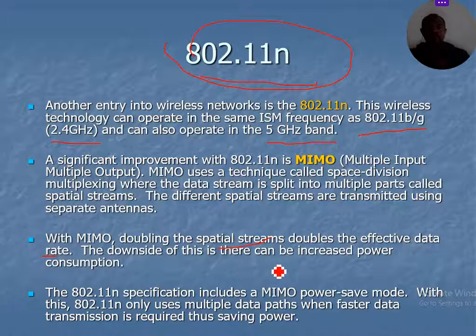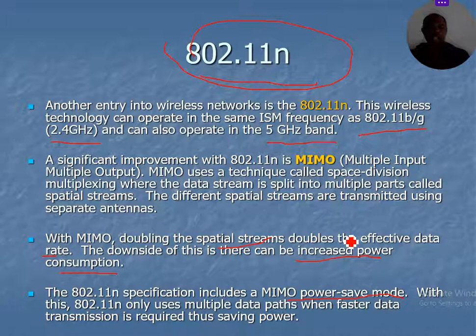The downside of this is that power consumption is high. But the 802.11n specification includes the MIMO power save mode, to minimize this problem, so we can continue to enjoy the advantage of 802.11n.